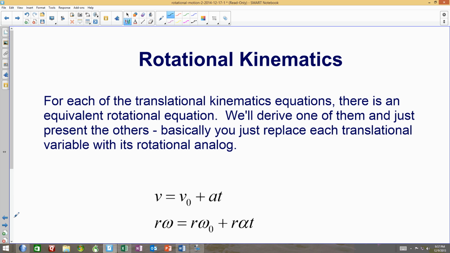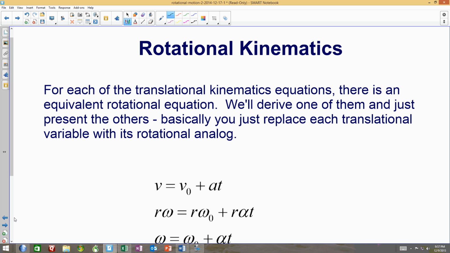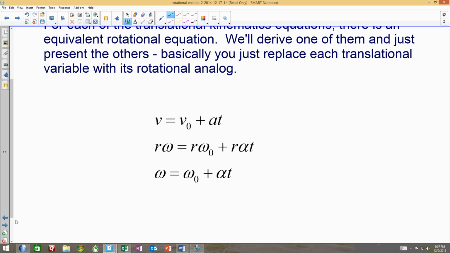So for each of the translational kinematic equations, there's also an equivalent rotational equation. All you do is replace your v with omega, replace the delta x with theta, and replace the a's with alphas. So here we go. If this is your kinematic equation, remember that we've defined v as being r omega, and a is defined as r alpha.